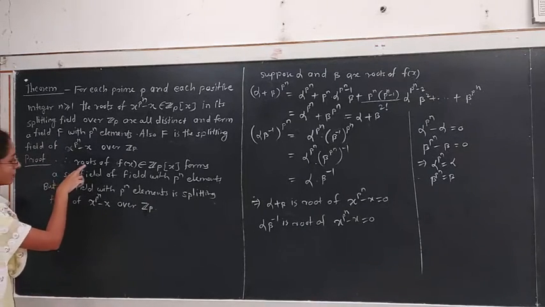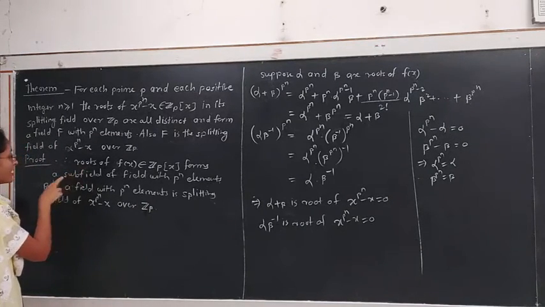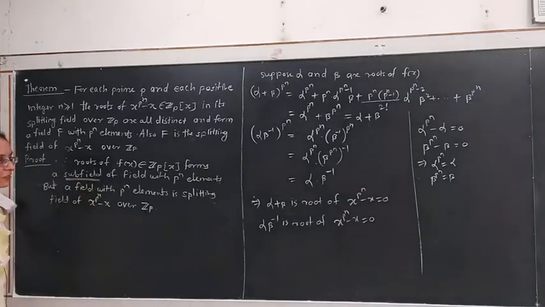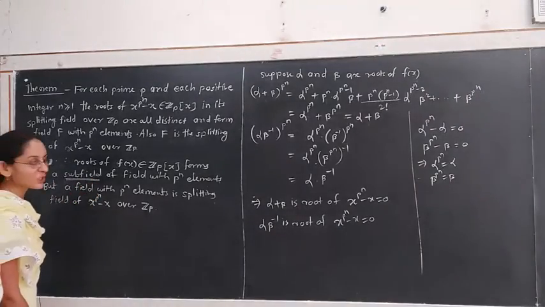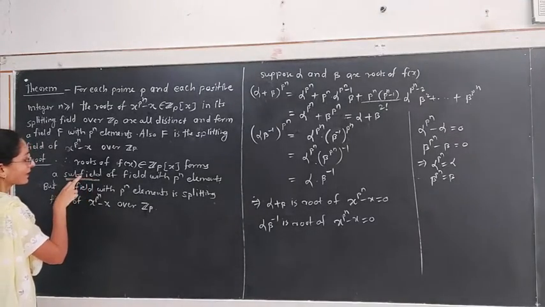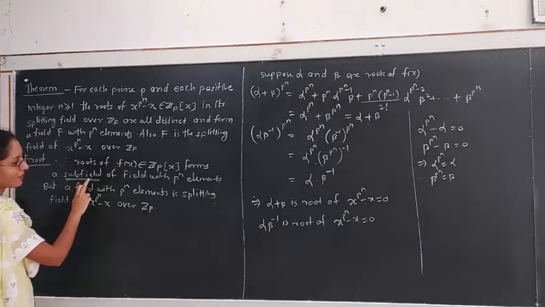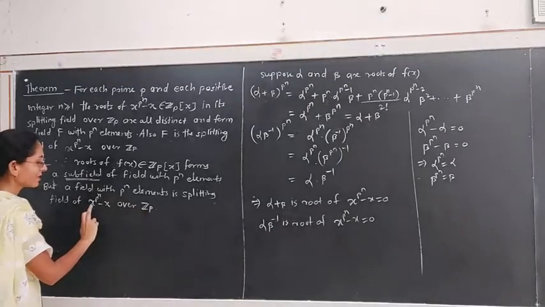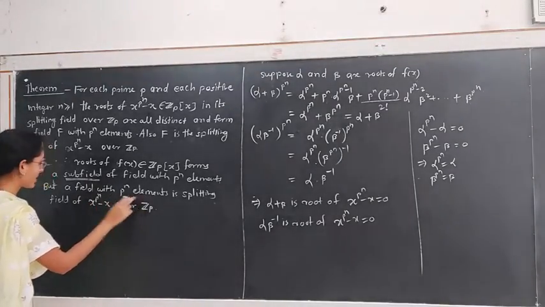Hence, this subfield, but we know that splitting fields are unique up to isomorphism. Hence, this subfield that contains all the roots of the polynomial f(x) coincides with the field with p^n elements.